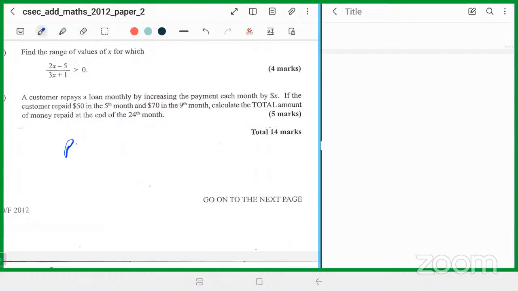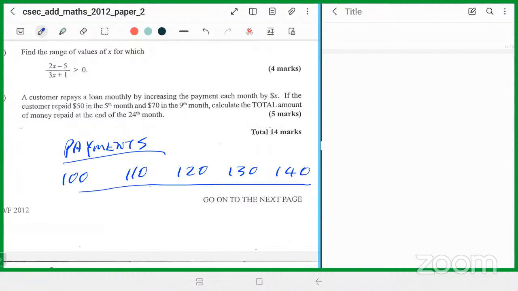So I'm making some payments, for example. My first payment was, say, $100. Then my next payment is $110, then $120, then $130, then $140.